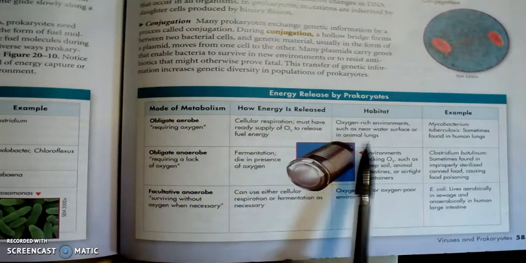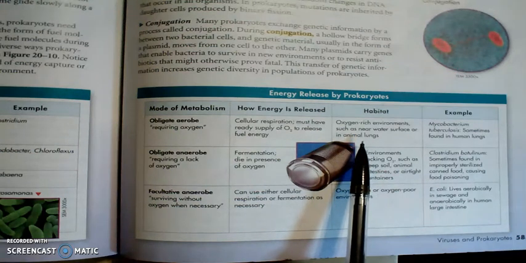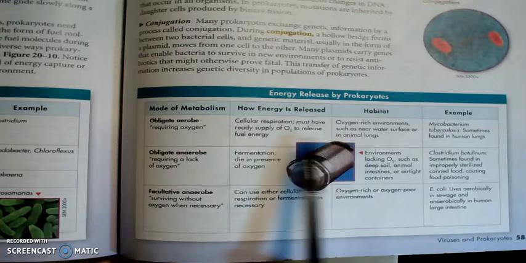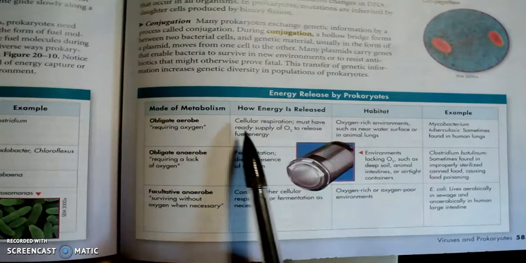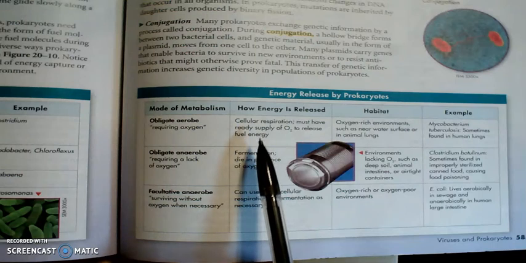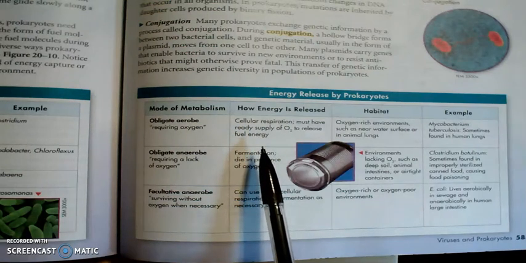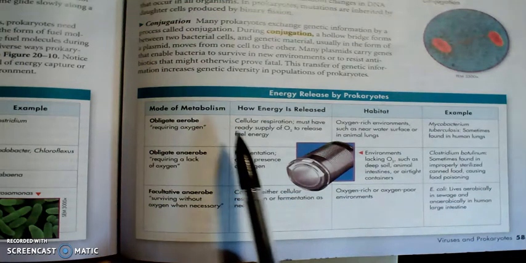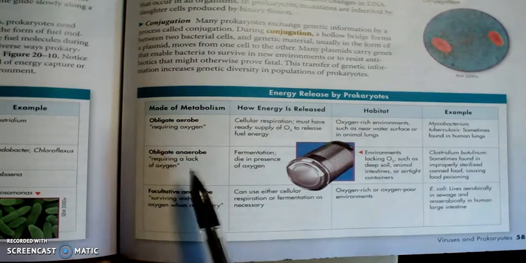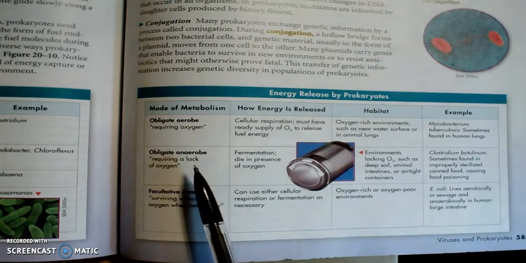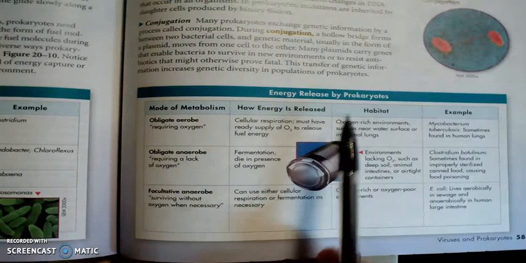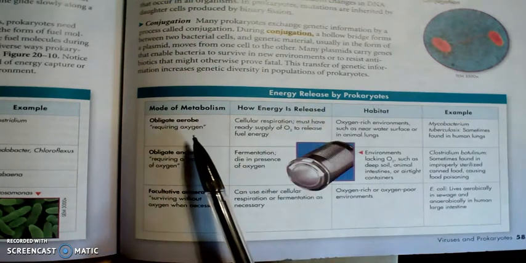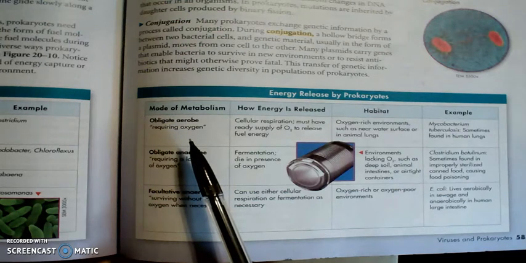So they're going to live in oxygen-rich environments near water surface or in animal lungs. They have to have oxygen to live. They release their energy through the process of cellular respiration. They have to have a ready supply of oxygen to release fuel energy. So like us, they are required to have oxygen. Most of our cells are obligate aerobic, requiring oxygen. We are not prokaryotes, but our cells, like the obligate aerobe, require oxygen, most of our cells.